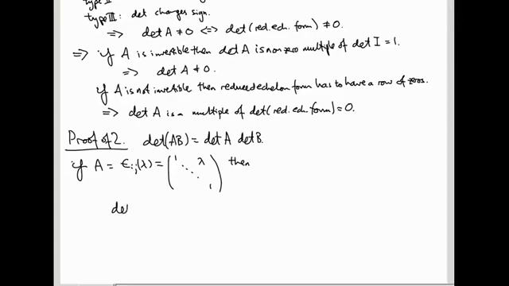So det AB, I claim this is equal to det B because AB is obtained from B by doing a row operation of type 1.